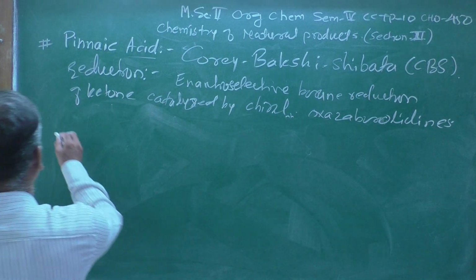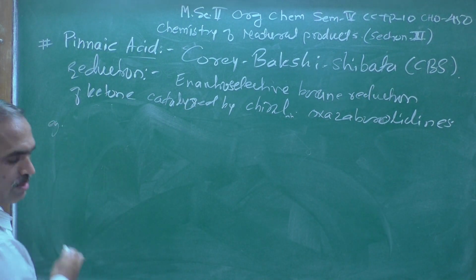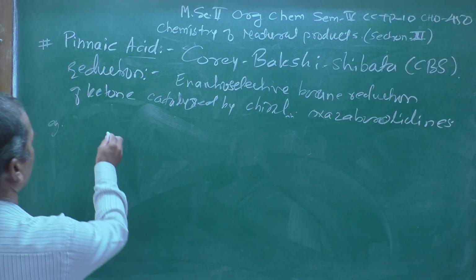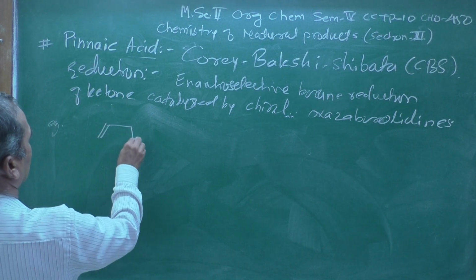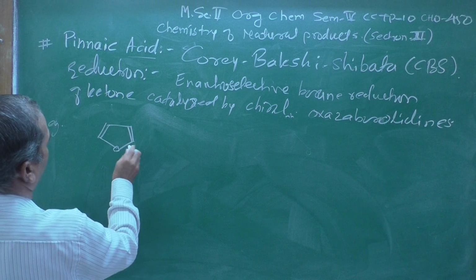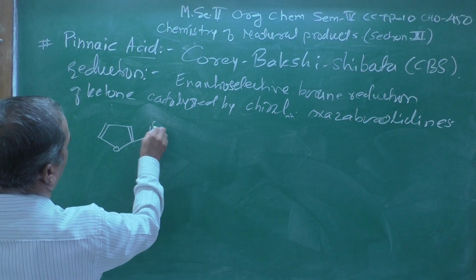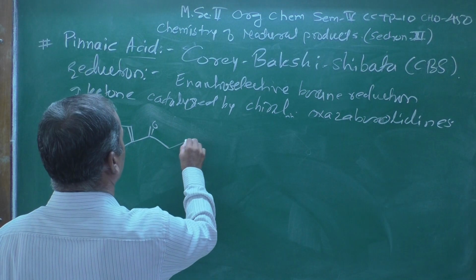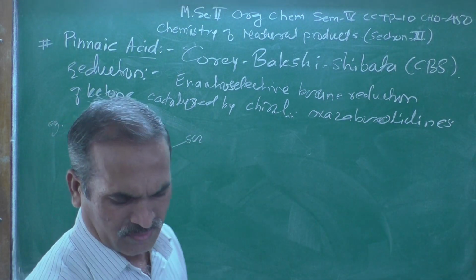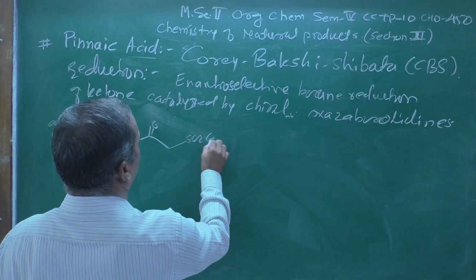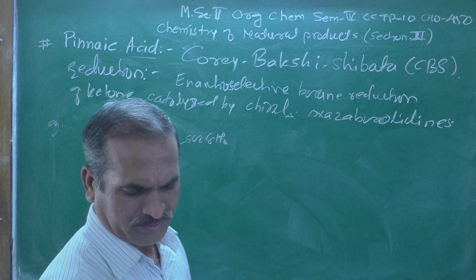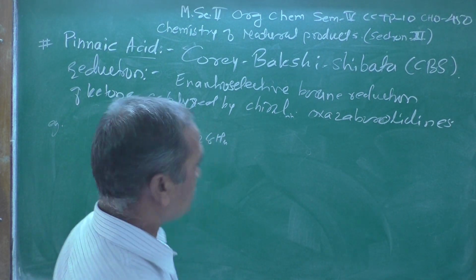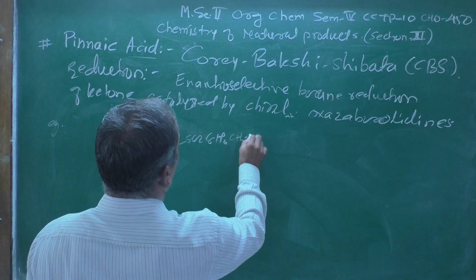Suppose we have, here is an example, suppose the starting compound is this one, O, then C double bond O, then SO2, C6H4, CS3P.